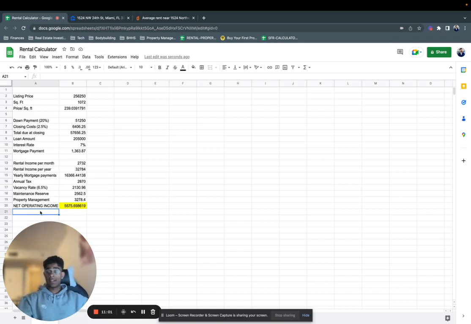And then finally, our most important value to calculate is called the cap rate, which is the rate of capitalization. And the way we calculate that is just the rental income per year minus all costs except mortgage payments. So B14 minus B16 minus B17.